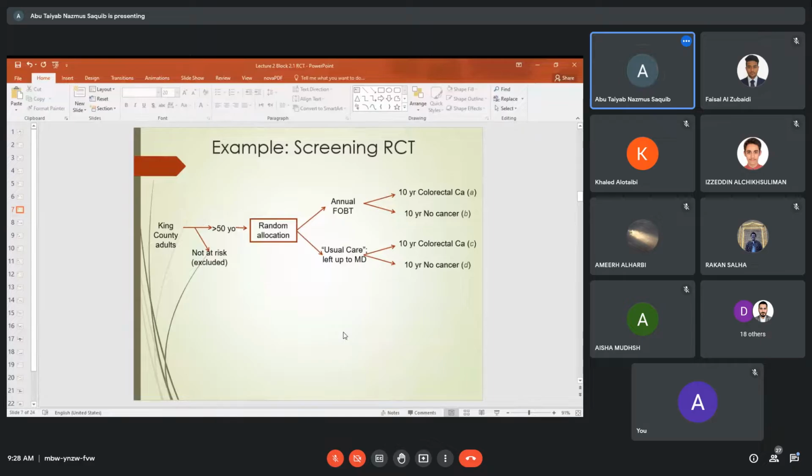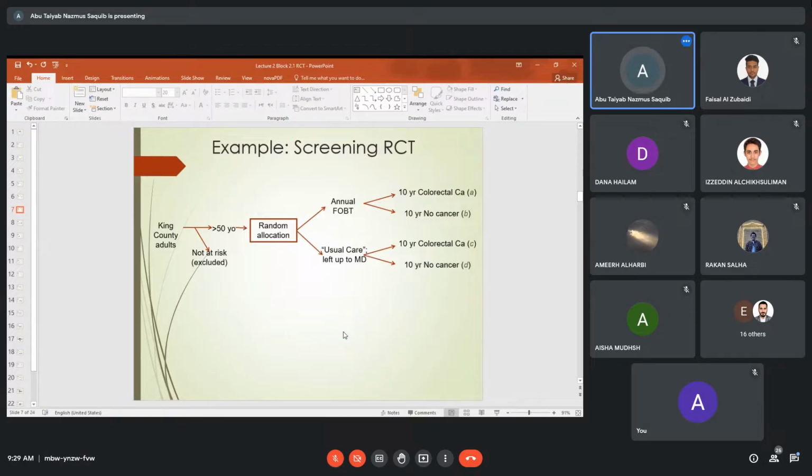In the usual care group, the majority will be late stage cancer. Although the rate is less, the severity is high. So at the end of the day, the group with the better survival chance will be the annual FOBT group.